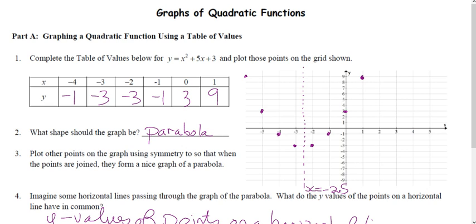What do you do with the numbers? Add them and divide by 2. You find the average. If you have 2 points on a horizontal line, you know that because of symmetry, the axis of symmetry has to be halfway between them. Halfway between 2 numbers is the average of the 2 numbers.